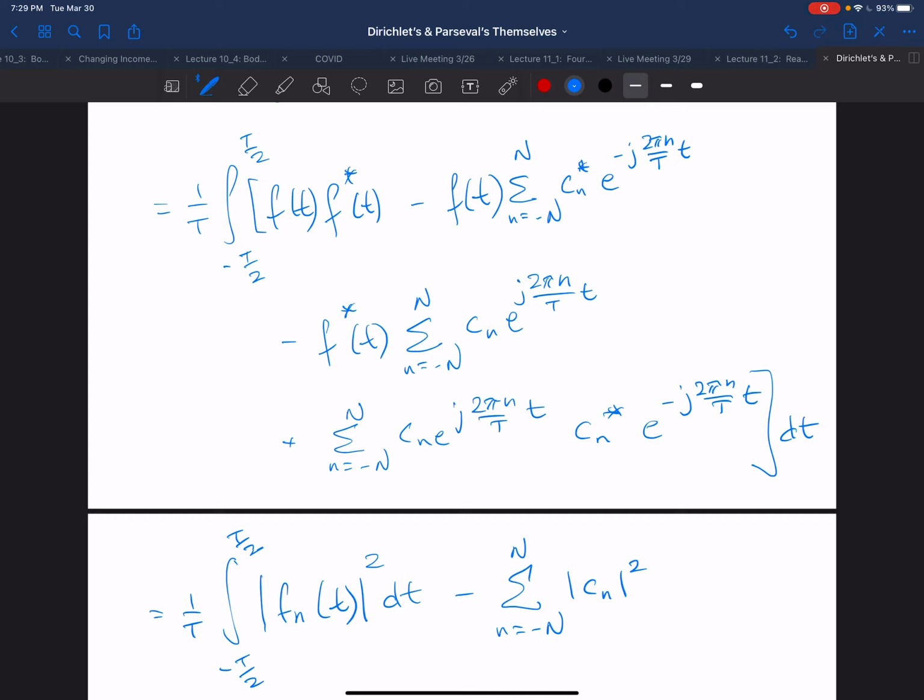Again, if we bring the f star of t inside here and multiply it by this complex sinusoid, then we're just going to get the nth coefficient in the Fourier series for f star. But that's just going to be c n star. So we're in fact just going to get the sum of the moduli squared once again of the c sub n's.